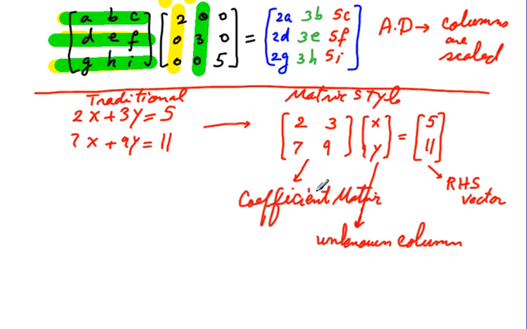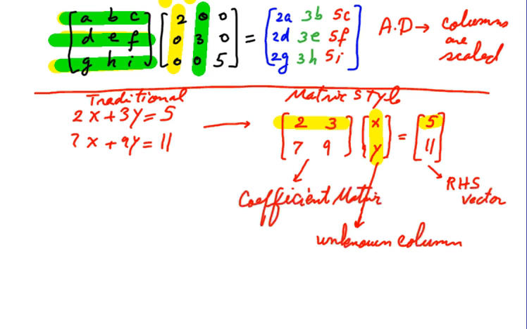So let's double check to make sure we understand why these two things are actually the same. If I take that, multiply by this, what do I get? I get 2x plus 3y, which is this. And when you say that is equal to that, you are stating that the result of this multiplication is that entry over there.